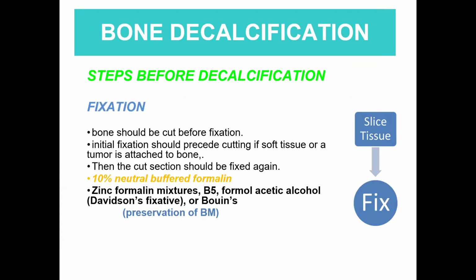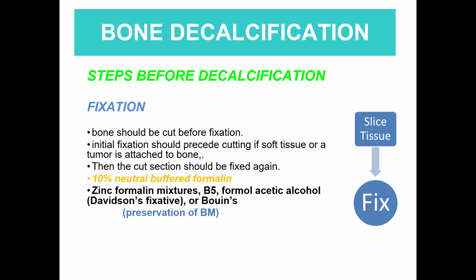Steps before your decalcification: fixation, of course, is step one. Bone should be cut first before fixation. However, if there is a soft tissue or tumor attached to the bone, there should be an initial fixation, and after cutting the tissue, you should fix it again.